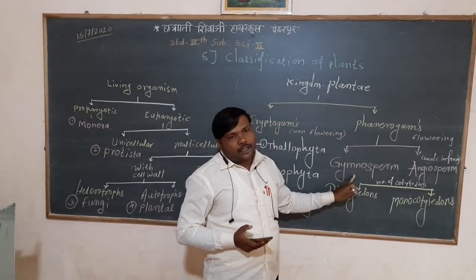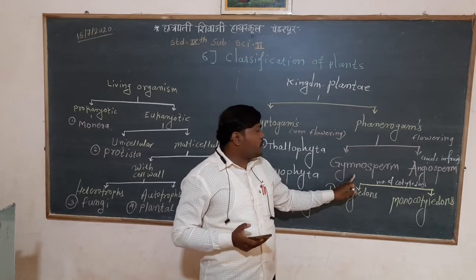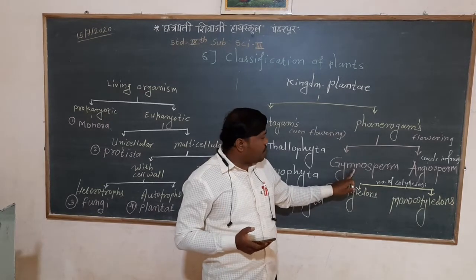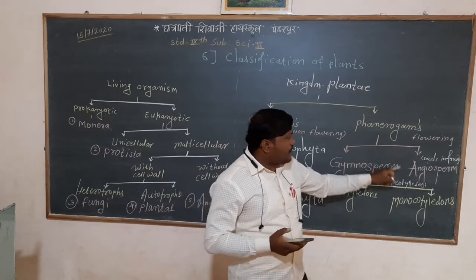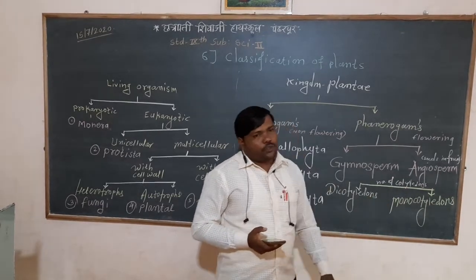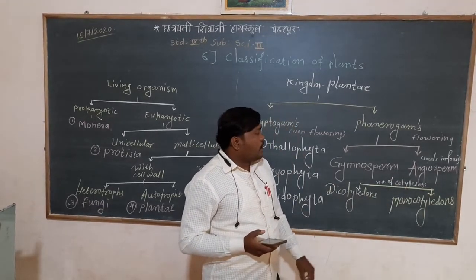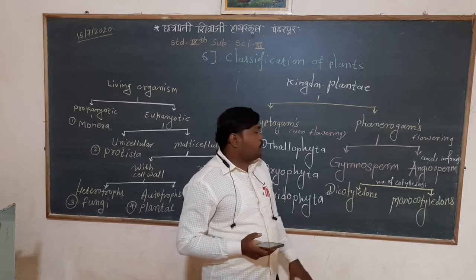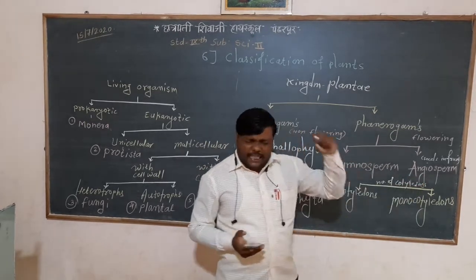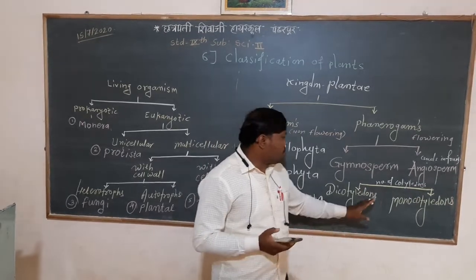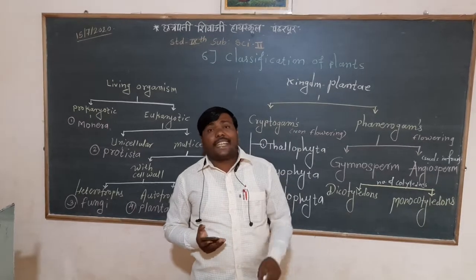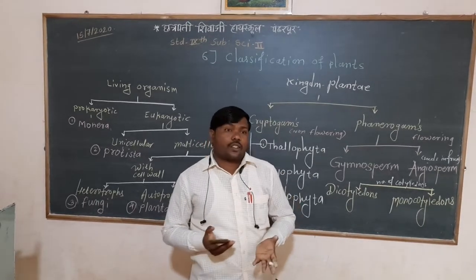The first, where the seed is not enclosed within the fruit, is called gymnosperm, and where the seeds are in the fruit, that is called angiosperm. And again angiosperms are classified into 2 groups, depending upon how many cotyledons are present in the seed.